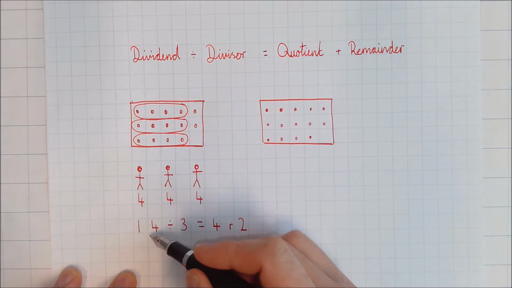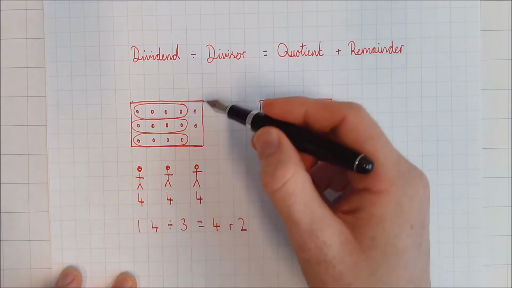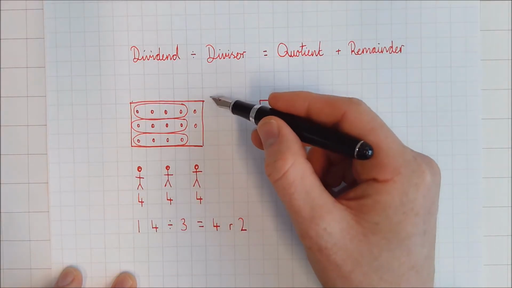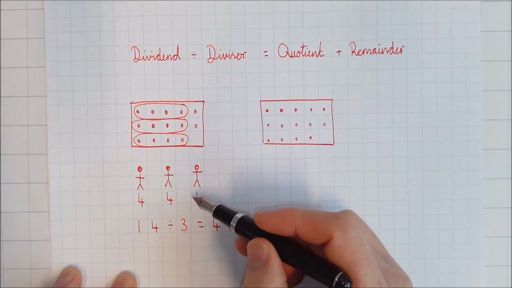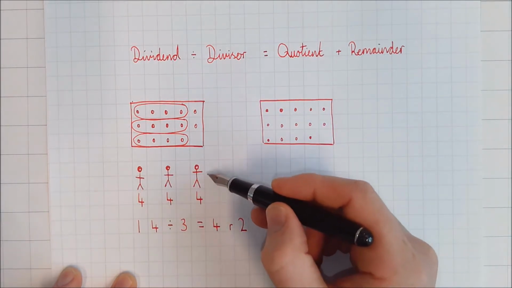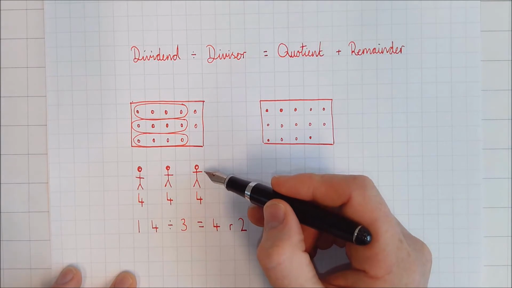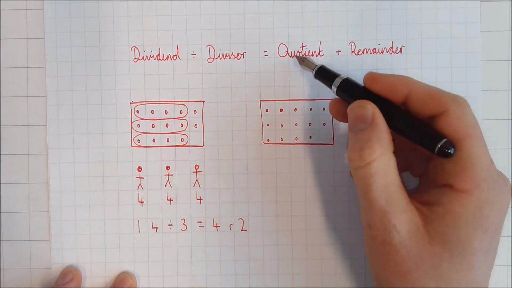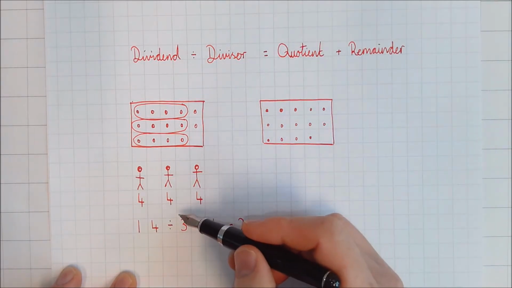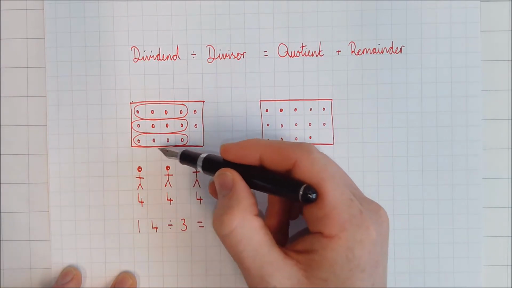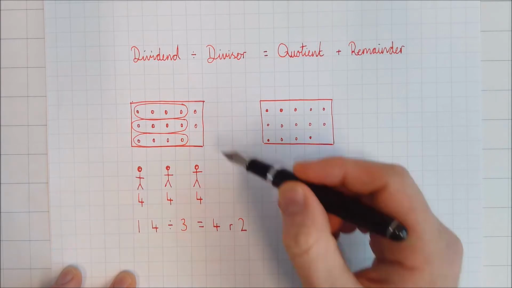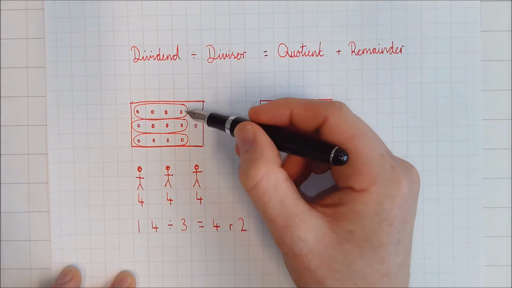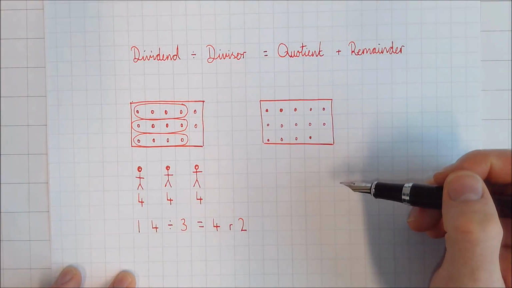Well, 14, our dividend, represents the total number of chocolates. 3, our divisor, represents the number of groups that we would share the chocolates into. 4, our quotient, represents how many chocolates were in each group. And our remainder, 2, was how many that were left over after we had shared them fairly.